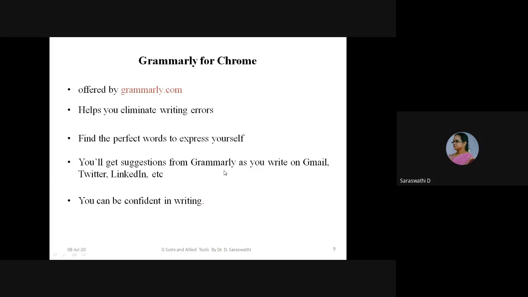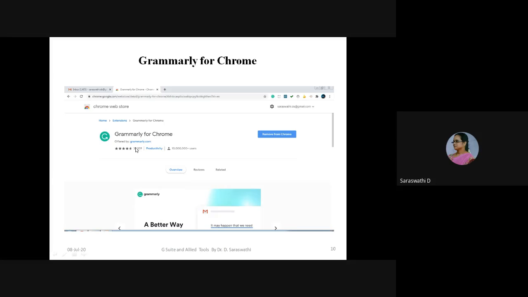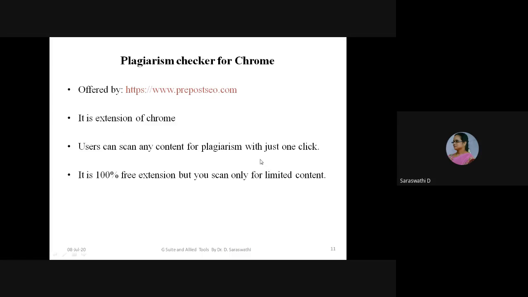You just install this Grammarly in your Chrome extensions. So when you install this, it will check if there is any error in the content. For installation, you just go and browse it. That is Grammarly for Chrome. You just install it in your browser. Here I already installed it, which is used to check the errors.